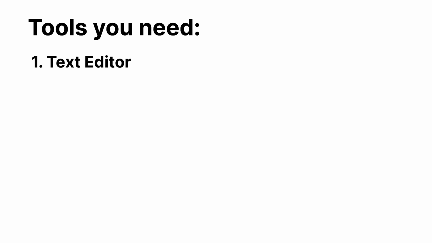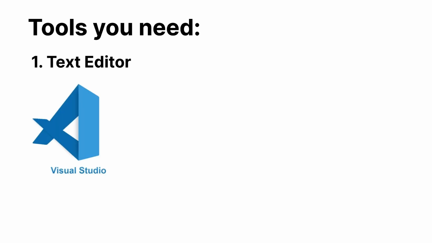1. A text editor. A text editor is where you write your HTML code. You can technically use something as basic as Notepad on Windows or TextEdit on Mac. But for a smoother experience, I recommend a code editor built for web development. Popular free options include Visual Studio Code.